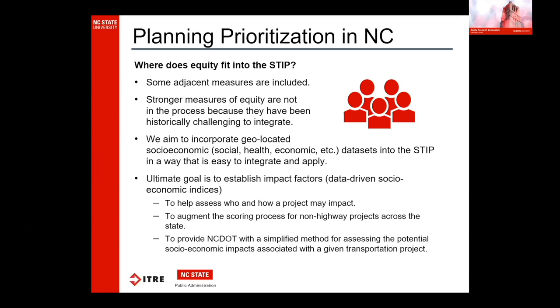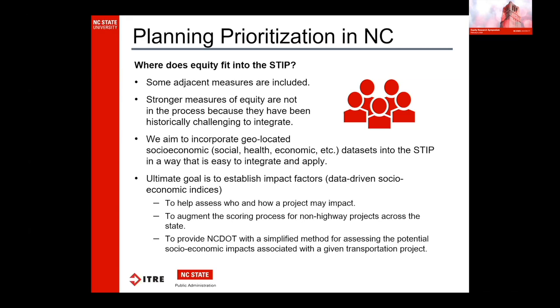And so our goal through this project is to incorporate geolocated, what we call socioeconomic data sets. So data related to health, socioeconomic status, into the process in a way that's really easy to apply.